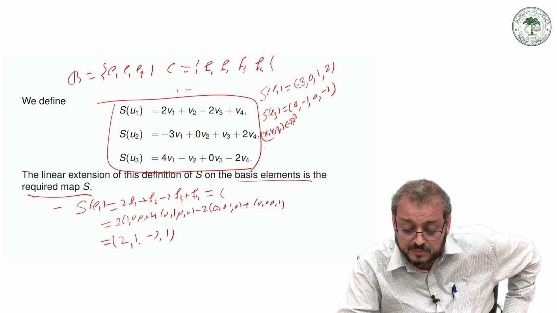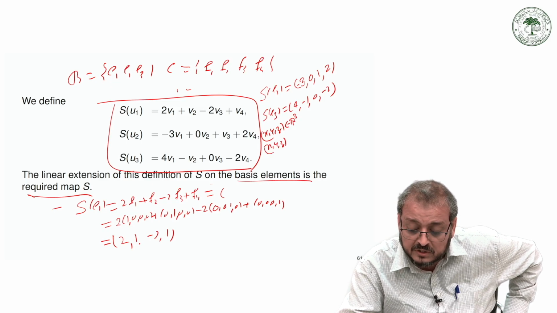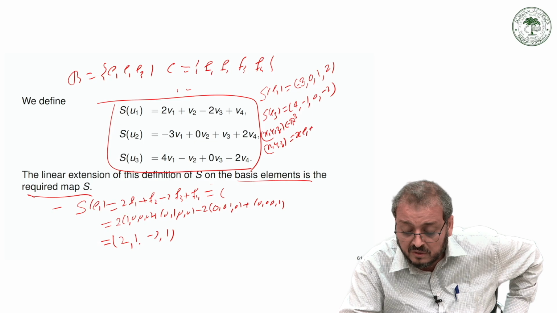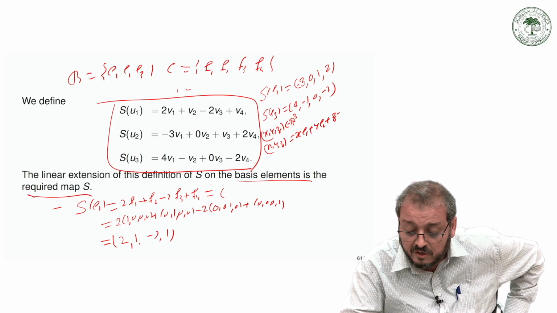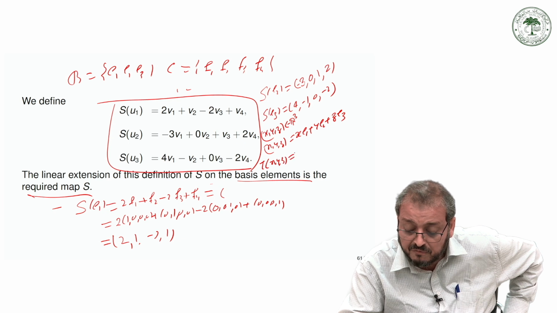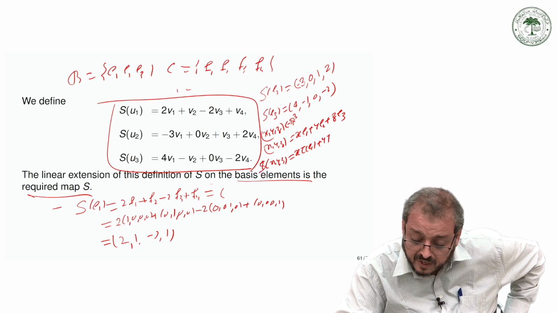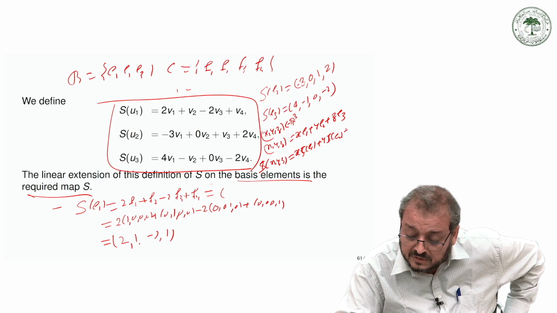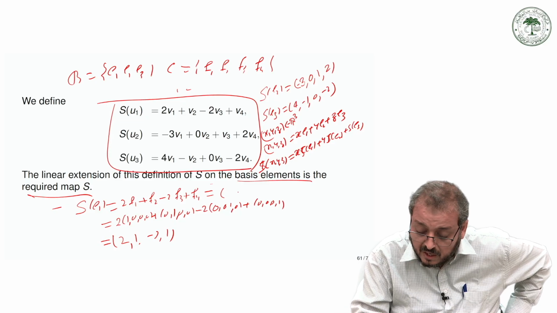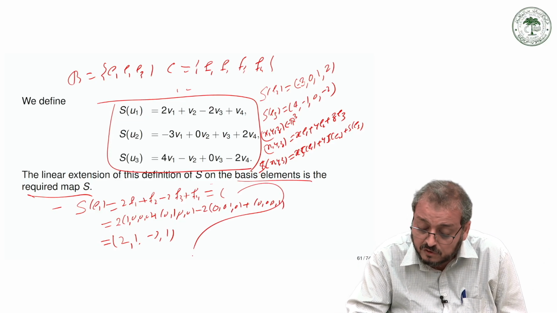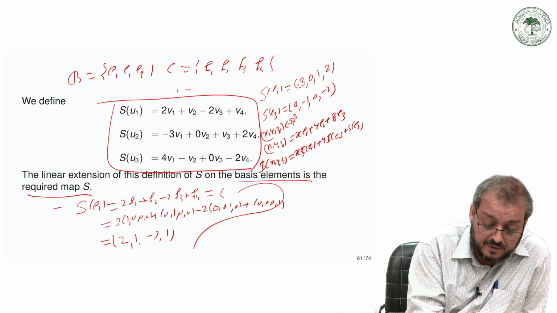This means (x, y, z) corresponding to the standard basis can be written as x times e1, y times e2 and z times e3. Then S of (x, y, z) can be written as x times S of e1 plus y times S of e2 plus z times S of e3. Now we substitute the values.